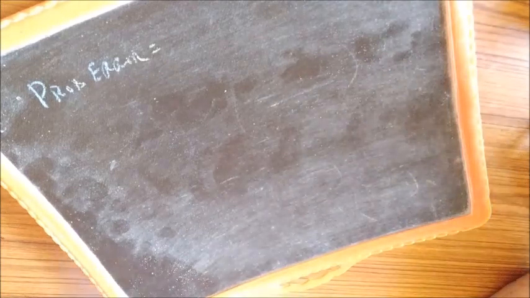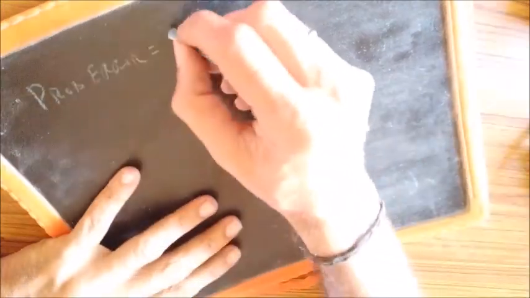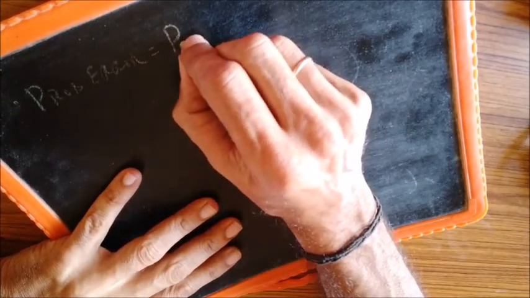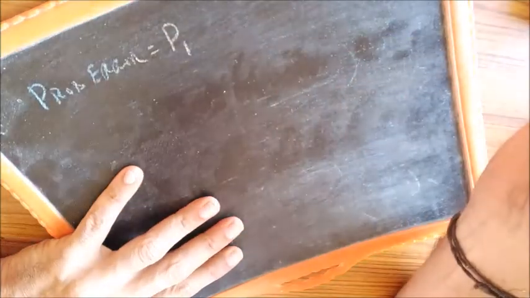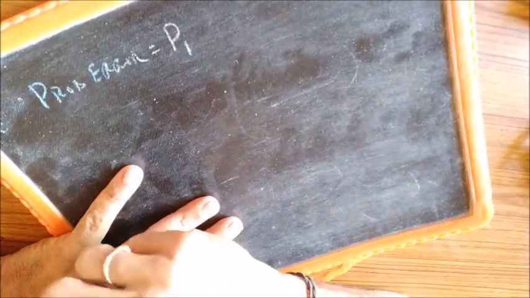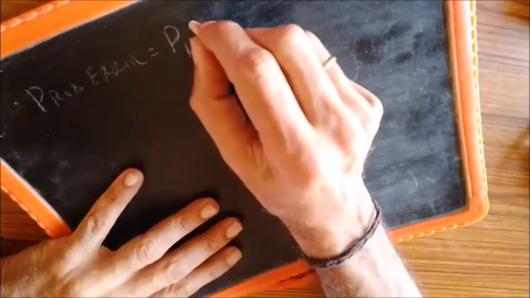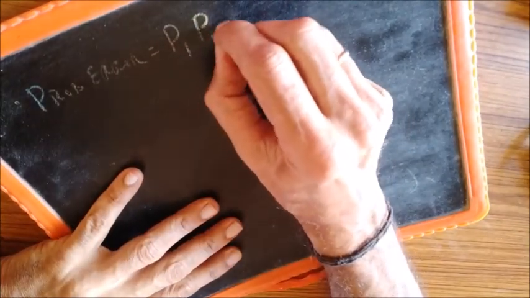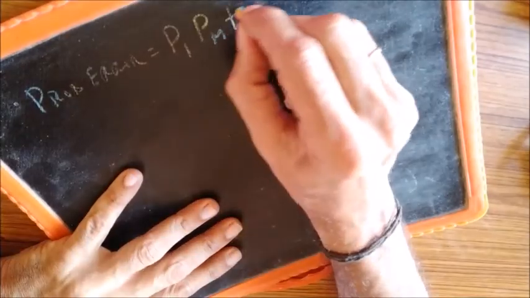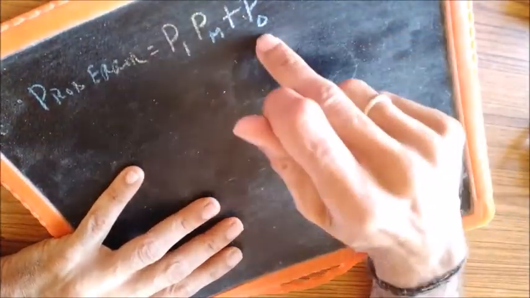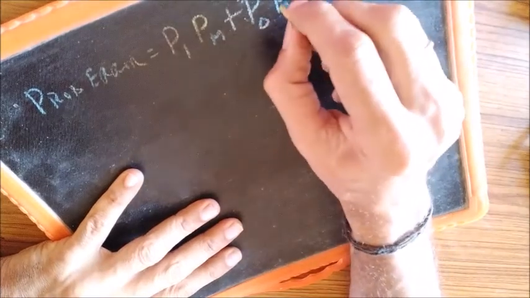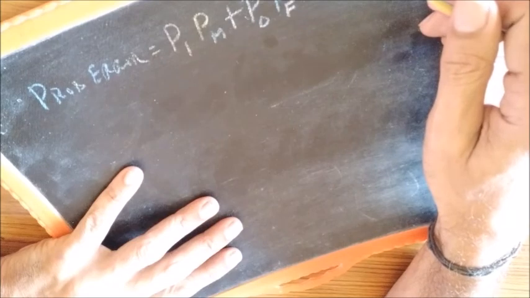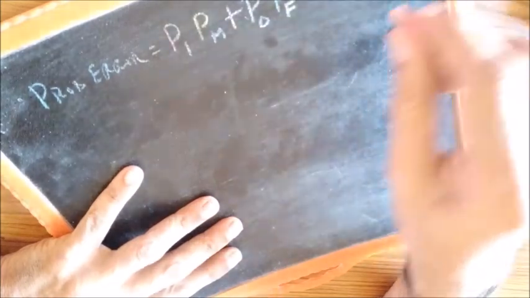The probability of error is given by the probability of H1 being the true hypothesis multiplied by the probability of a miss, plus the probability of H0 being the true hypothesis multiplied by the probability of a false alarm. So this is the probability of error.